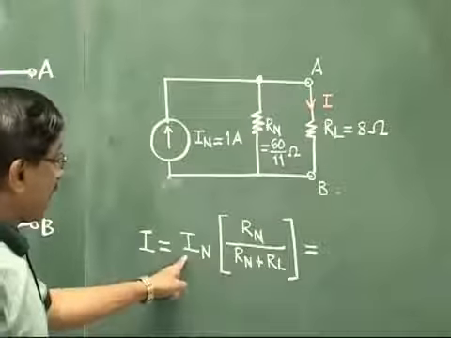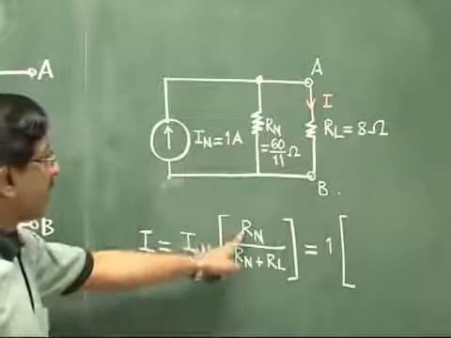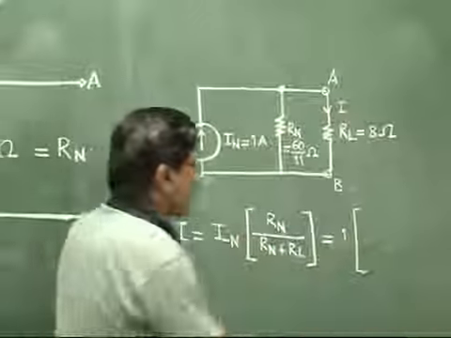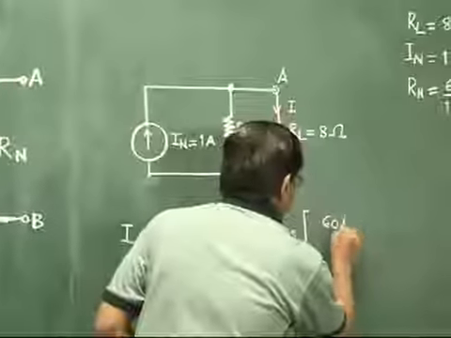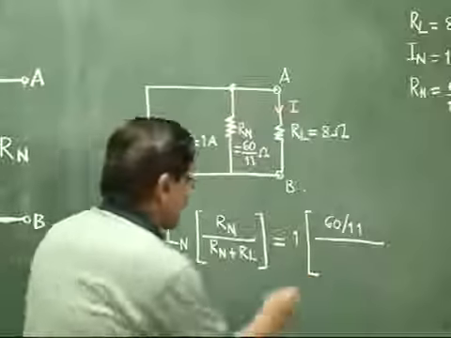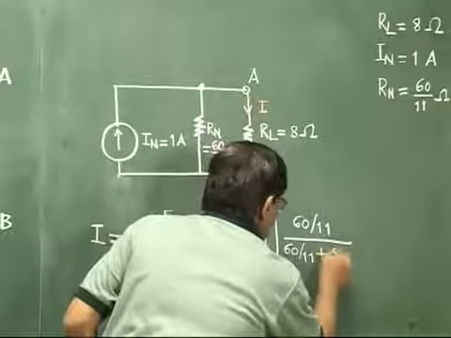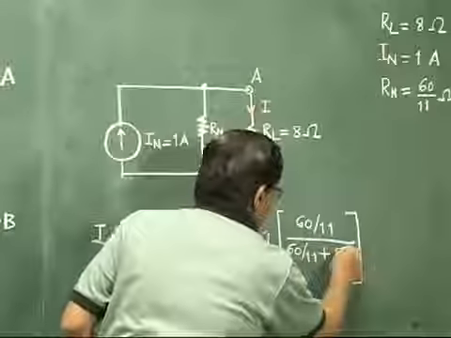Putting the values, IN is 1, in bracket, in the numerator Rn is 60 by 11, in the denominator the sum of the two, Rn is 60 by 11 plus RL is 8. So this you have to calculate.